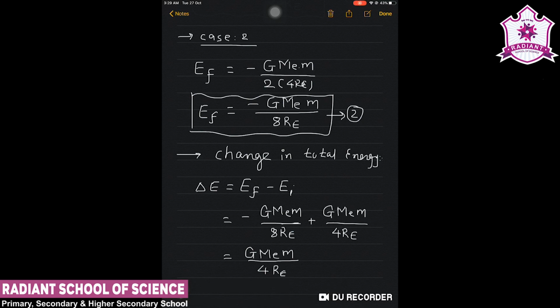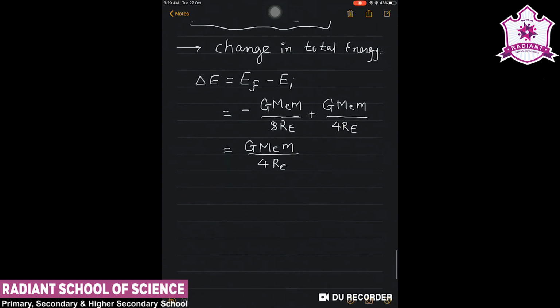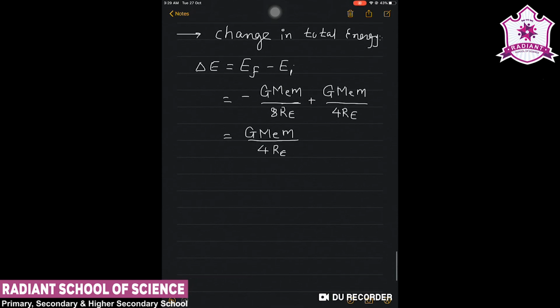Now this is the equation in which we convert it into the gravitational acceleration form. So we multiply and divide with Re. So this will be G M_E over Re square, so it would be m into Re over 8.